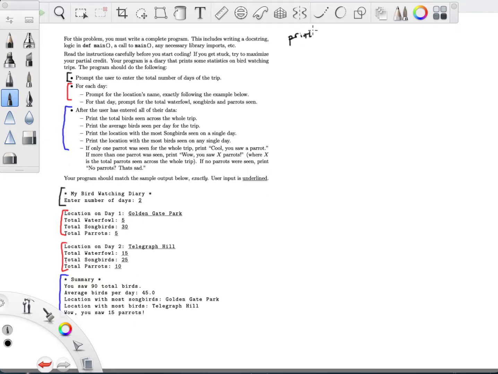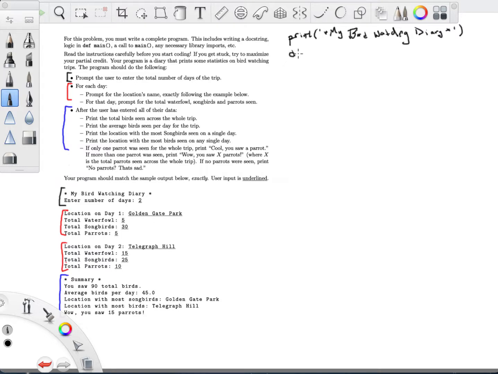we have a print that says my bird watching diary. And then I have an input statement with a prompt.